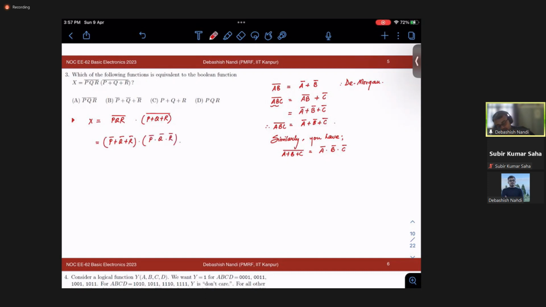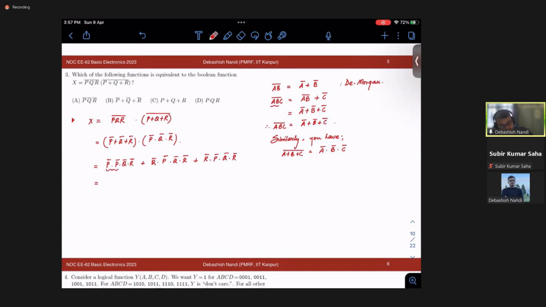Okay. Now we use the distributive property. So we have P bar into P bar, Q bar, R bar plus Q bar, P bar, Q bar, R bar plus R bar, P bar, Q bar, R bar. Okay. So what is P bar times P bar and P bar?